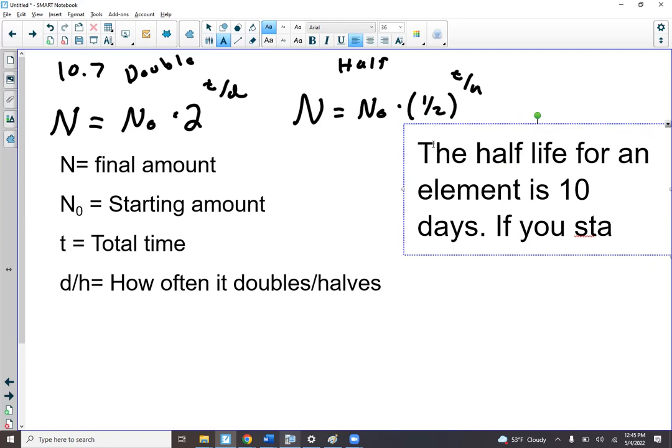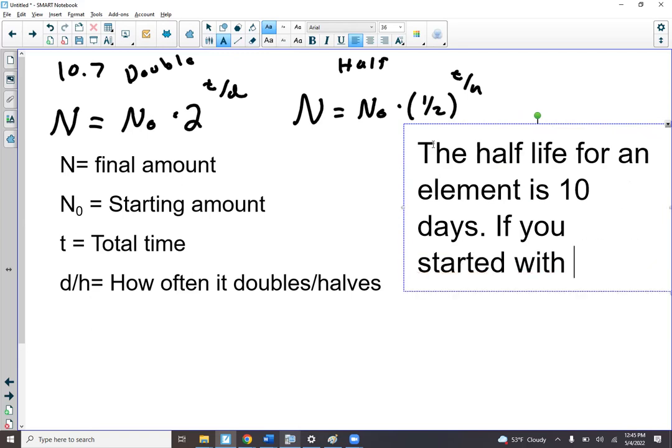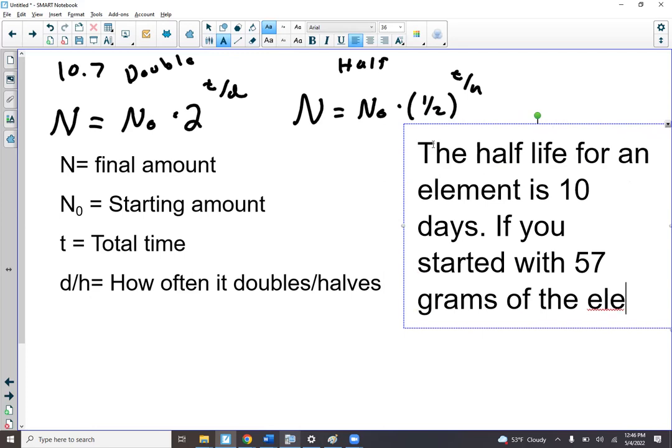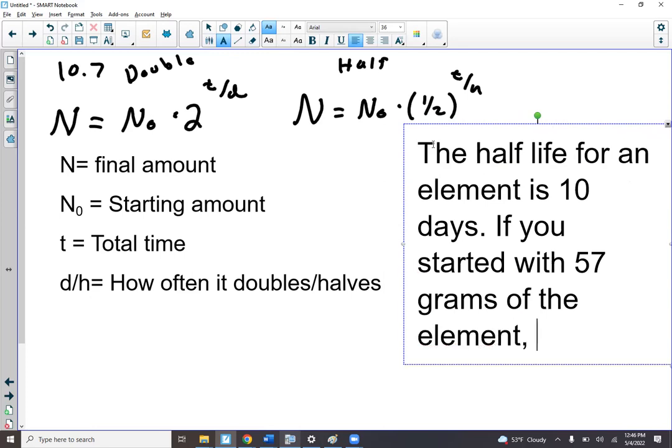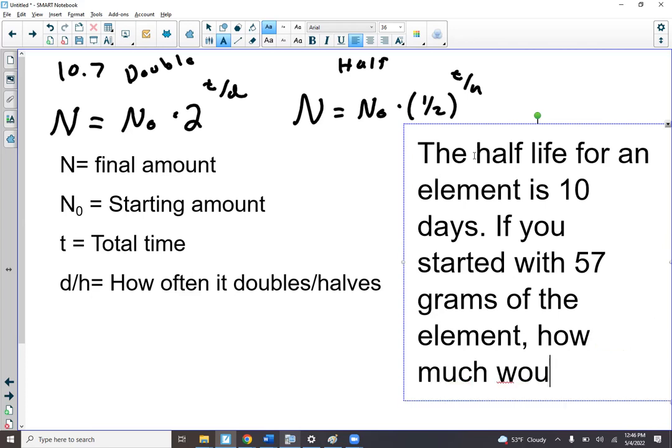If you started with 57 grams of the element, how much would be left after 100 days?